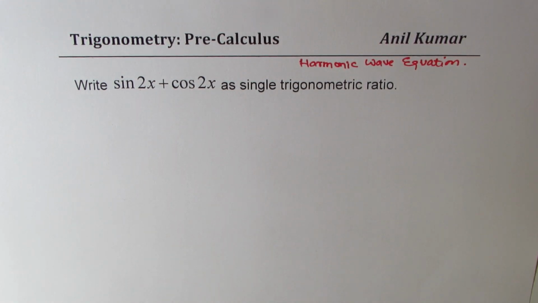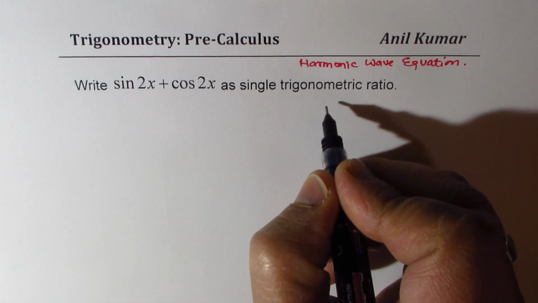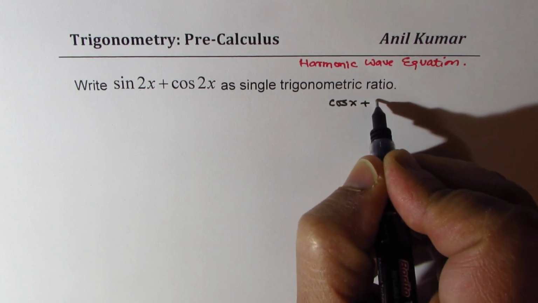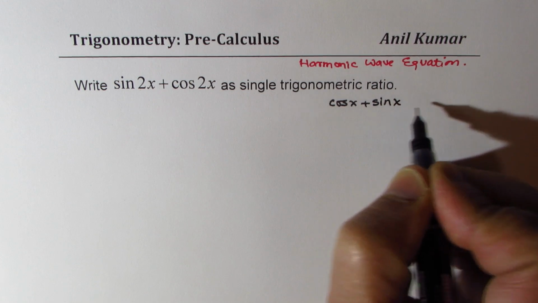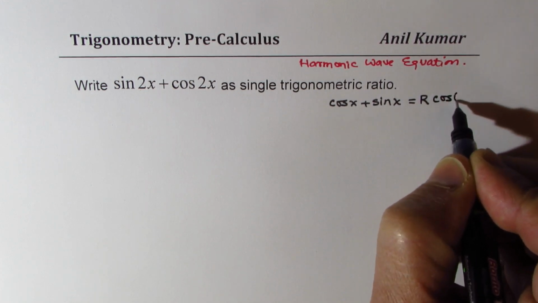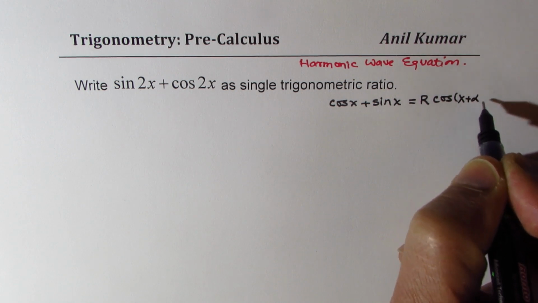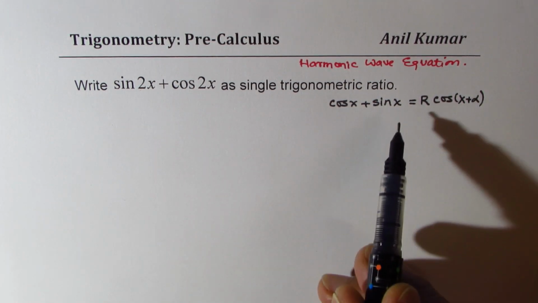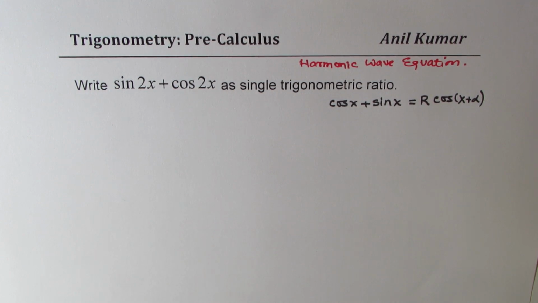We could actually write terms with a sum of sine and cosine as, let's say, cos of x plus sine of x equal to r times cos of x plus alpha, right? So that becomes a single term, and that is a strategy which we are going to use.